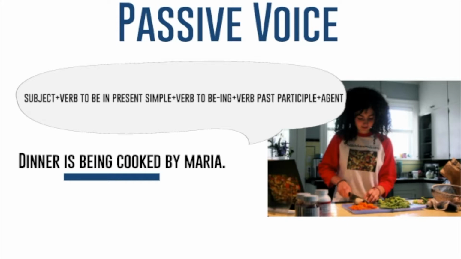Here, as you can see, the object becomes the subject of the sentence, and the structure is subject, verb to be in present simple, verb to be with the ing form, verb in past participle, and the agent, that is Maria. Remember that when we identify the tense, we can define what is the form of the verb to be.